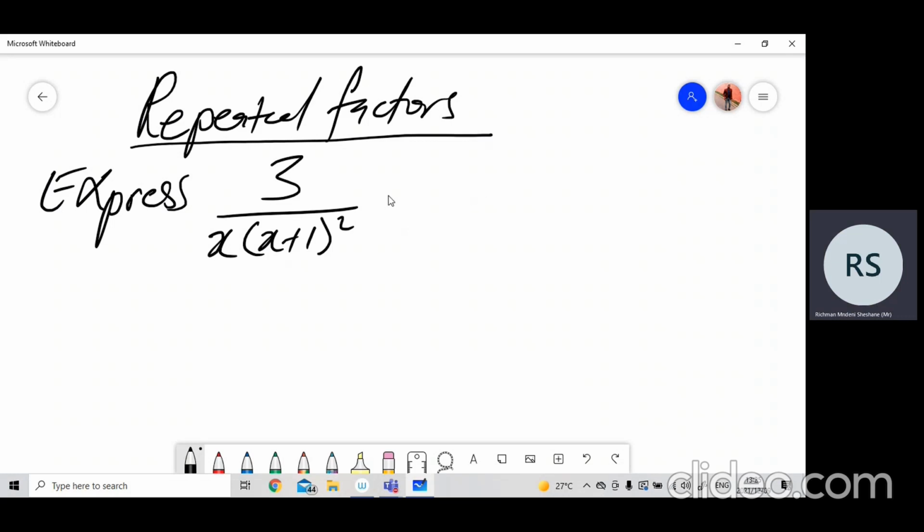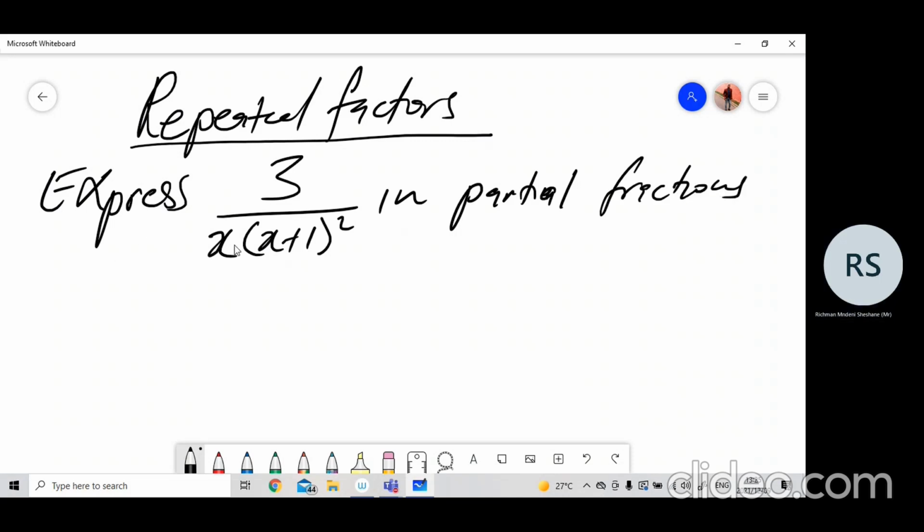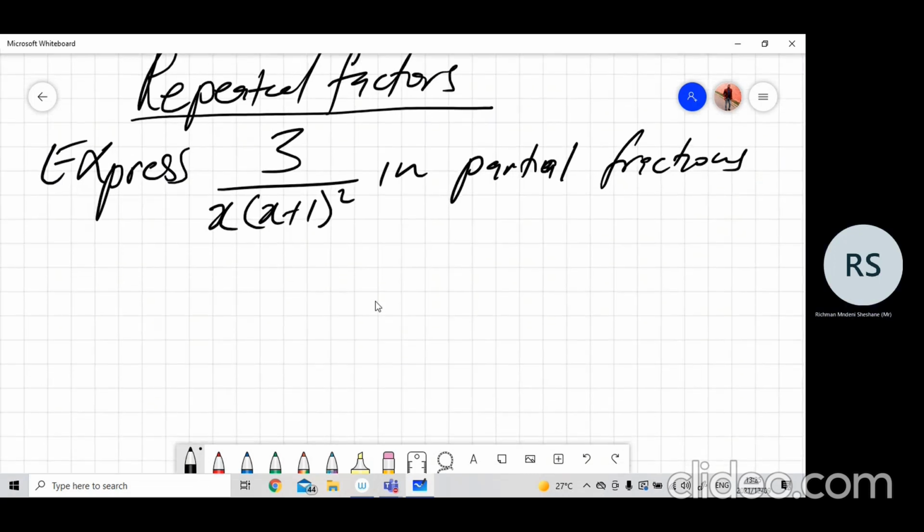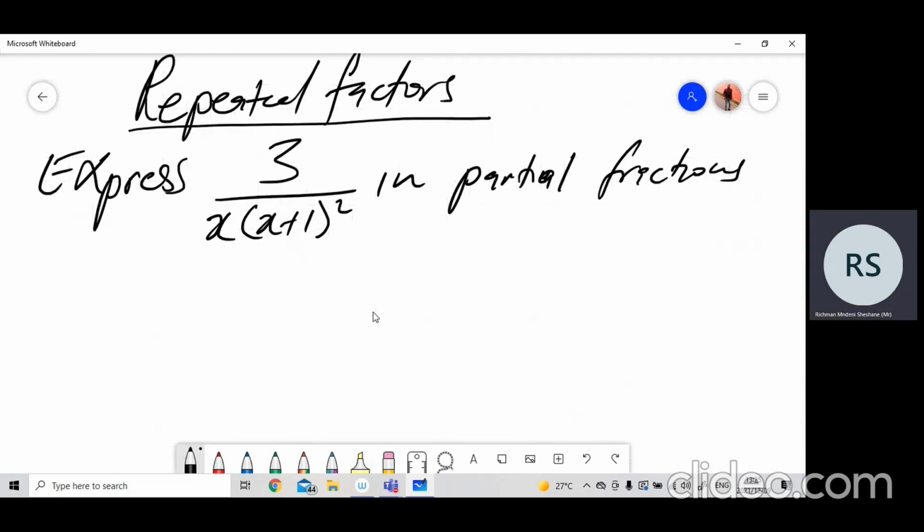We want to convert this expression into partial fractions. Okay. A solution. We take the same expression and put it into the form of partial fractions.